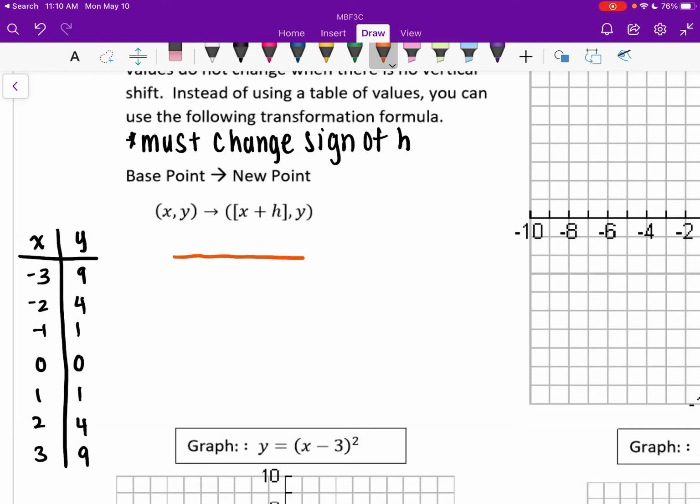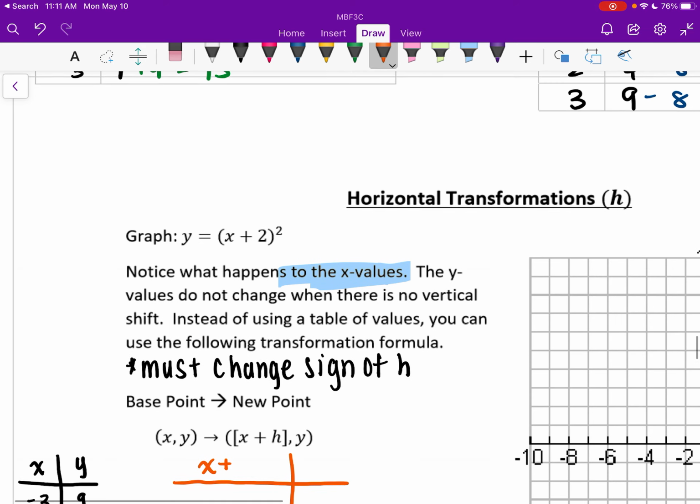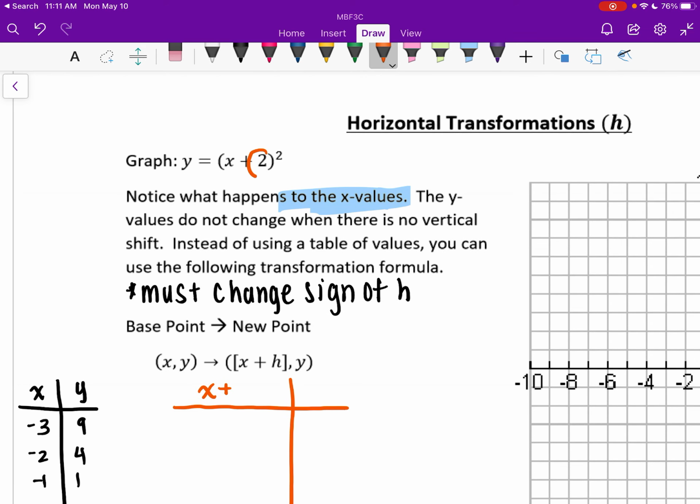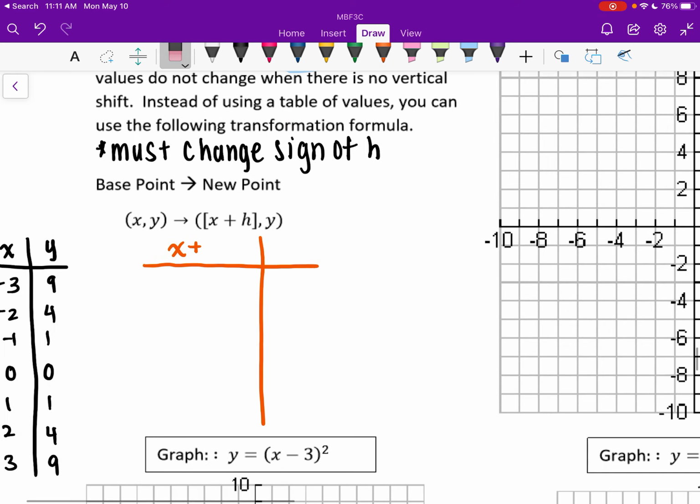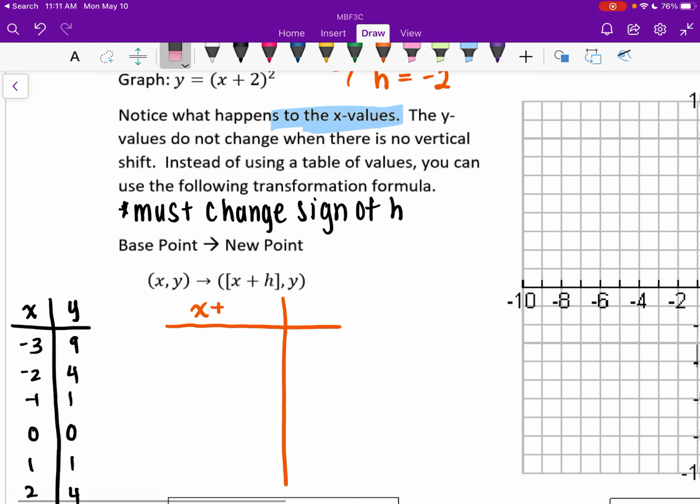My new equation is going to be x plus h. Here h is going to be -2, because I'm just going to change the sign of the +2. So h is -2, which gives us x minus 2, and y.